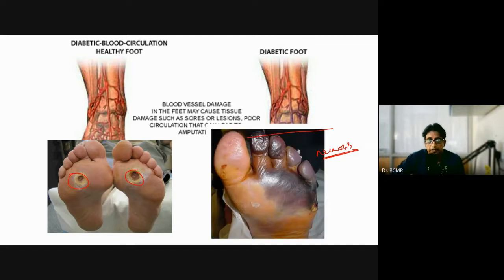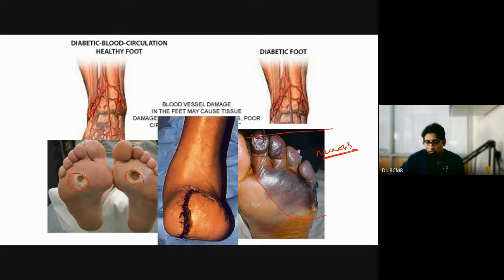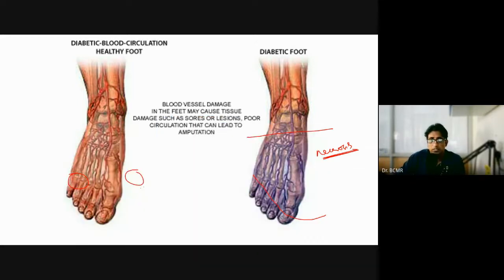And in extreme cases, it may also happen suddenly, blood supply is not there, and the tissue is dying out, and there is no option but to amputate the tissue, amputate the leg. So once something has become necrotic, the surgeon has to amputate until where the blood supply is good, right?